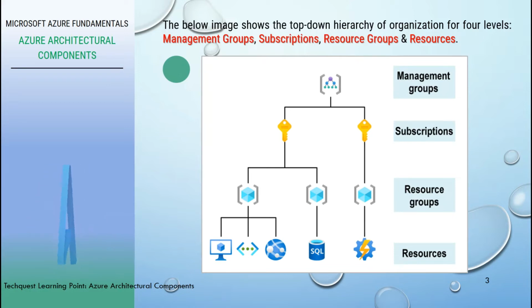Organizations can use subscriptions to manage cost and the resources that are created by users, teams, or projects. Management groups. These groups help you manage access policy and compliance for multiple subscriptions. All subscriptions in a management group automatically inherit the conditions applied to the management group.